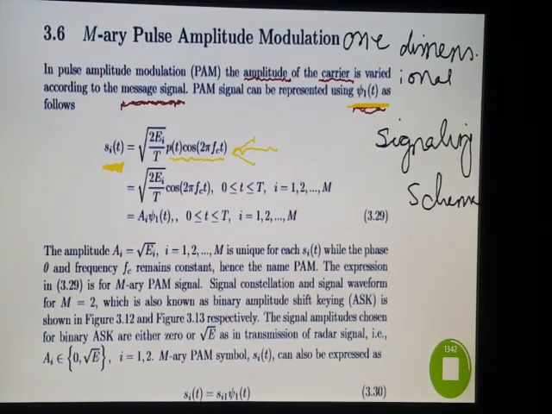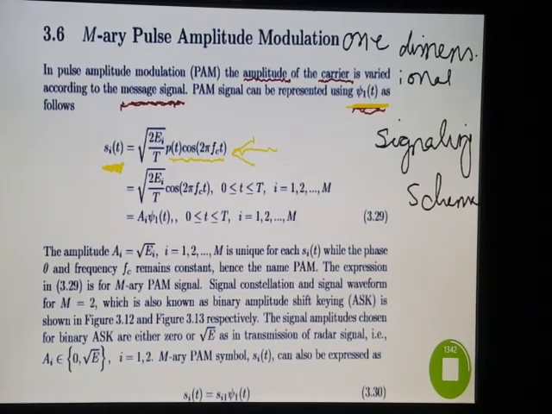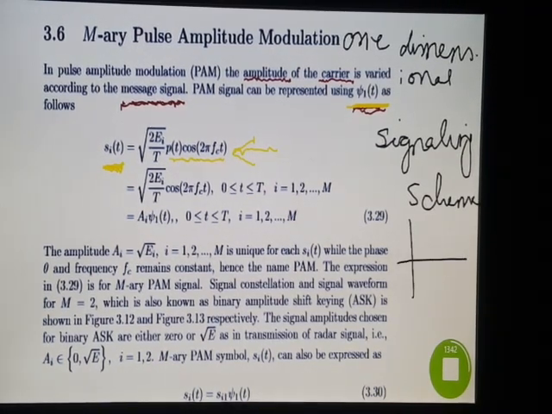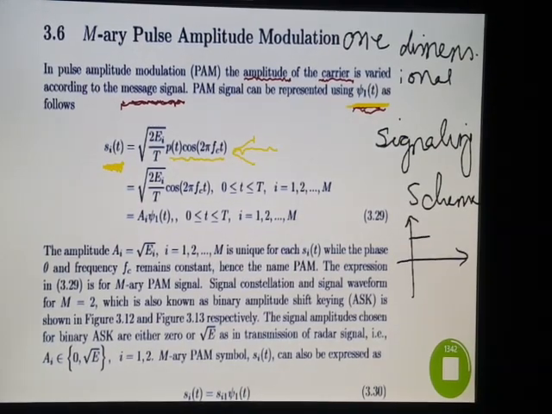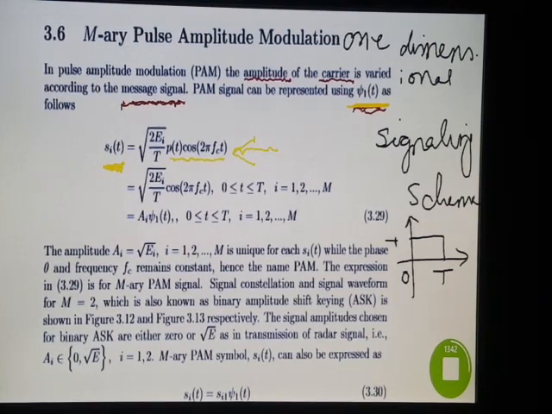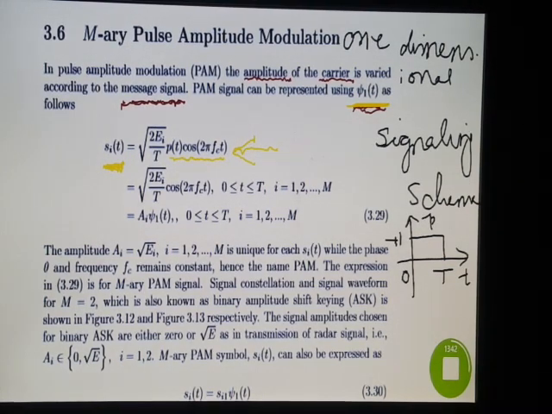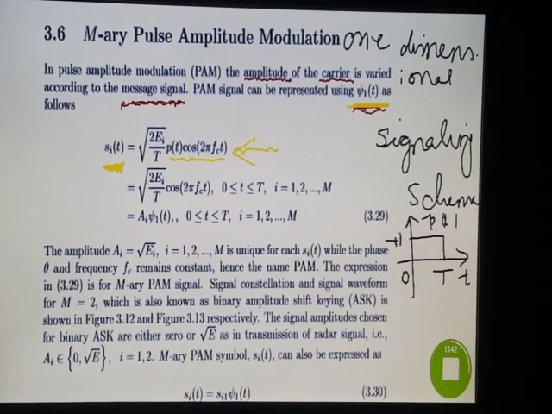You know about p of t, it's a pulse. As you know from your previous lectures, it is a positive pulse which exists between 0 and capital T on the time axis.